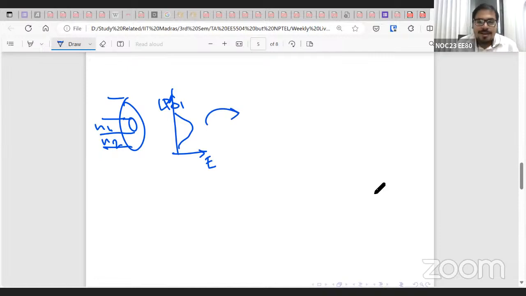How we define mode field diameter is, you plot this; this will be the core.